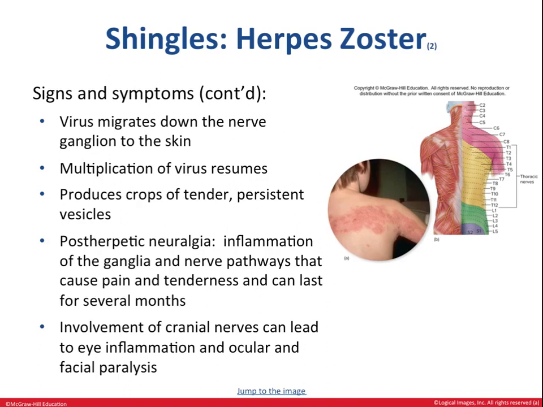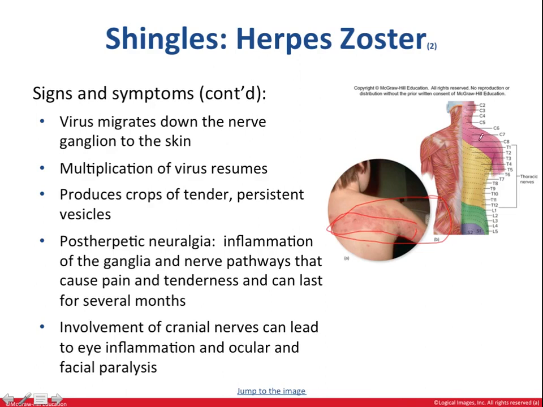So this is the picture of shingles. The rash is like a band, because that is the distribution area of the nerve fibers.